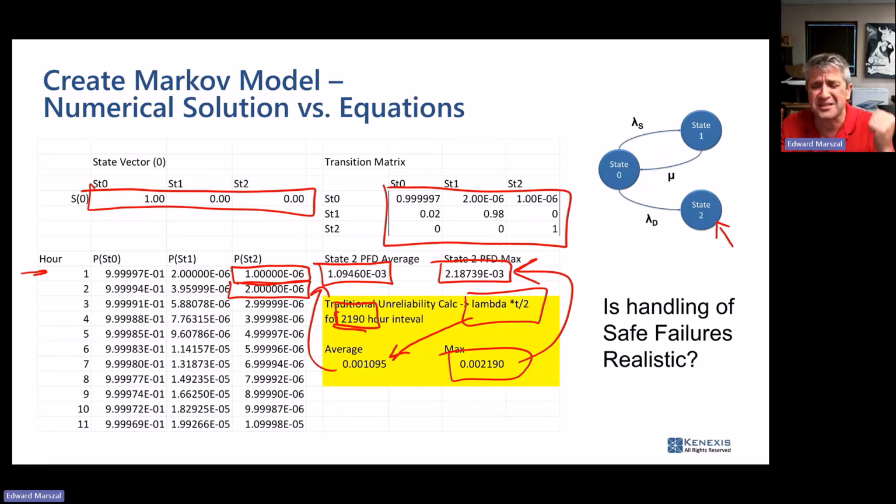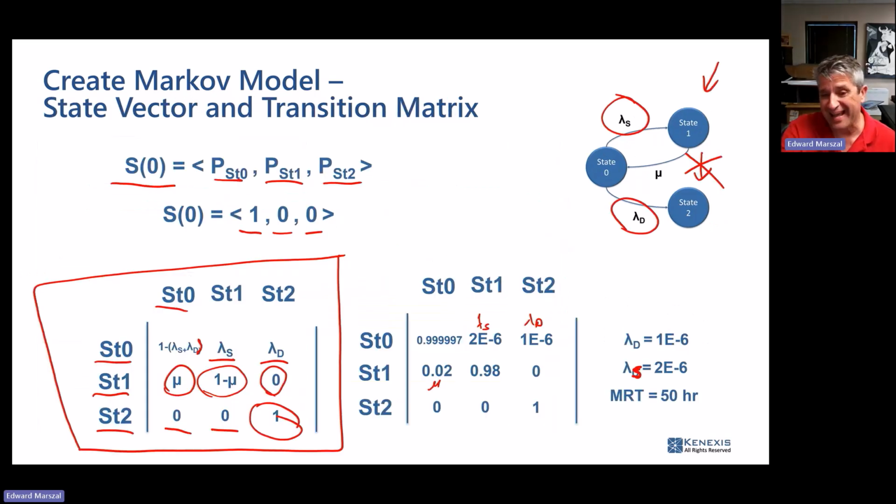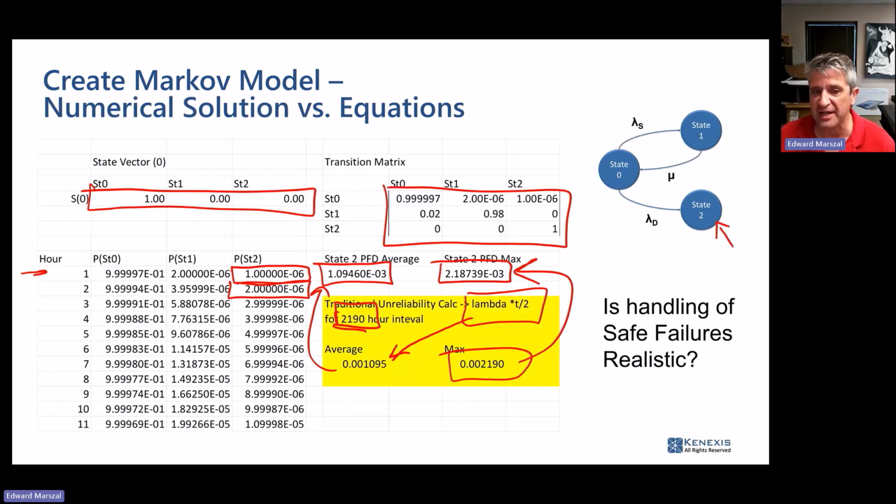Oh my goodness, think of the carbon footprint of what we just did. All those multiplications, all that CPU time, for what? Okay, so basically what I'm trying to impress upon you here is that you can get the equation by doing an analytical solution of this Markov model, instead of what you see here, which is a numerical approximation.